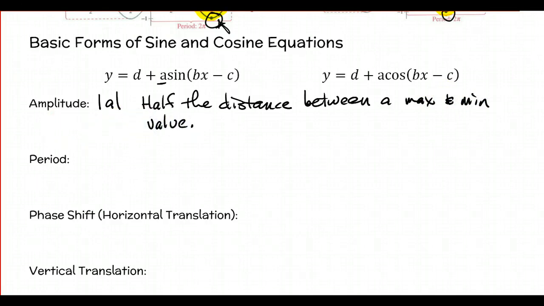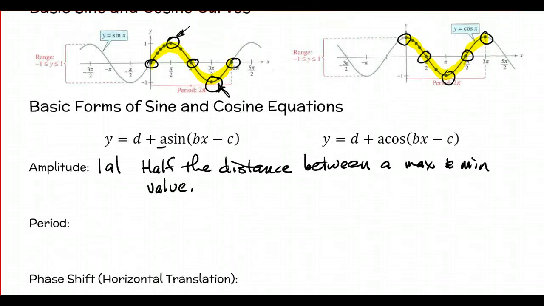If we go up here, we can see that the highest value is 1, the lowest value is negative 1, so the distance between those would be 2, so half of that distance would be 1, so the amplitude for this graph is 1. Same thing over here for the cosine graph, amplitude is 1.